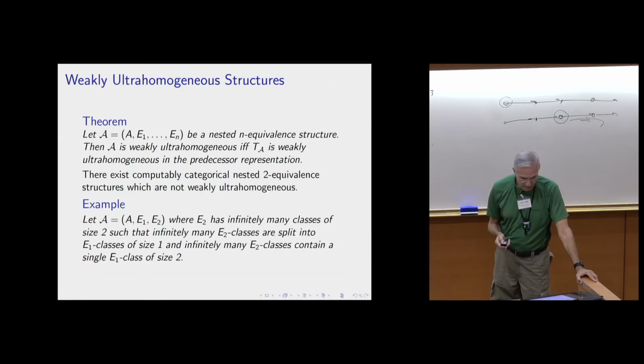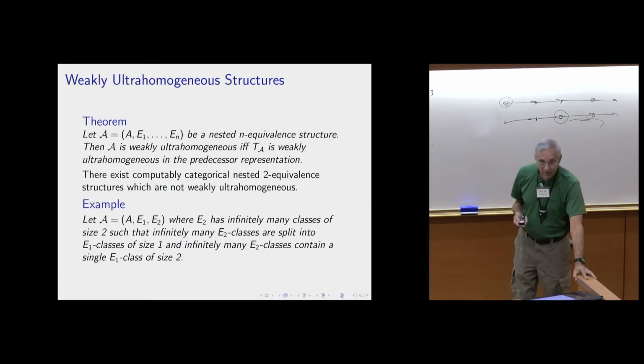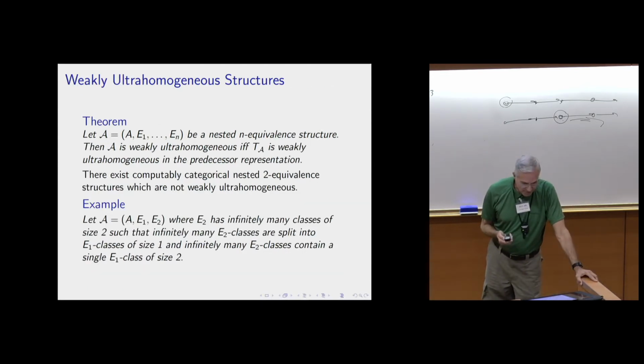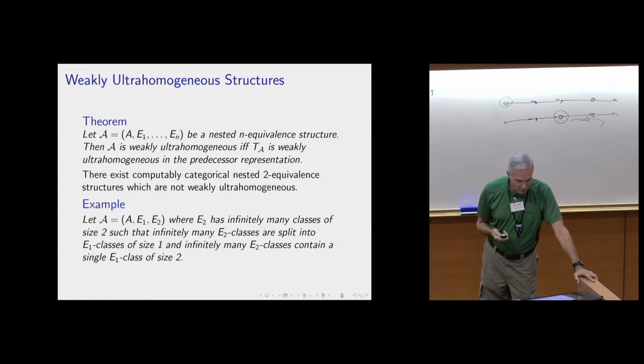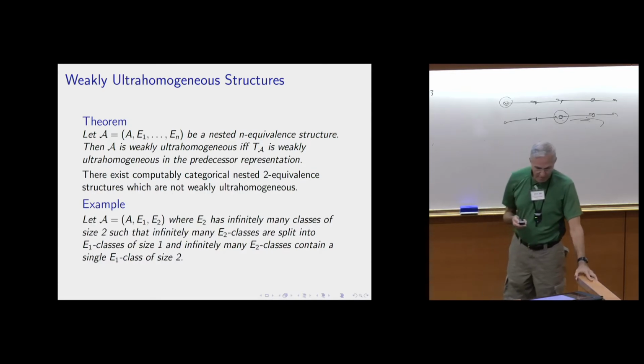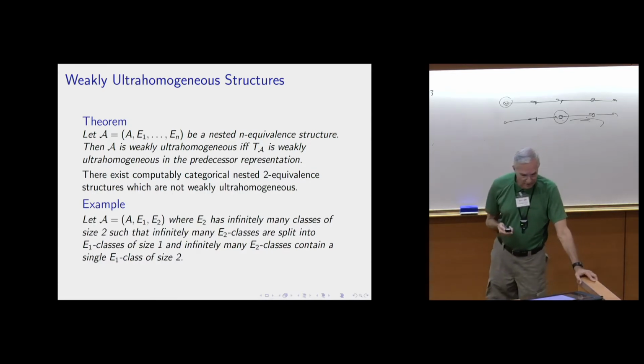Now the weakly ultra-homogeneous case becomes a bit more complicated, but it's still true that the nested structure will be weakly ultra-homogeneous if and only if the tree is weakly ultra-homogeneous in the predecessor representation.